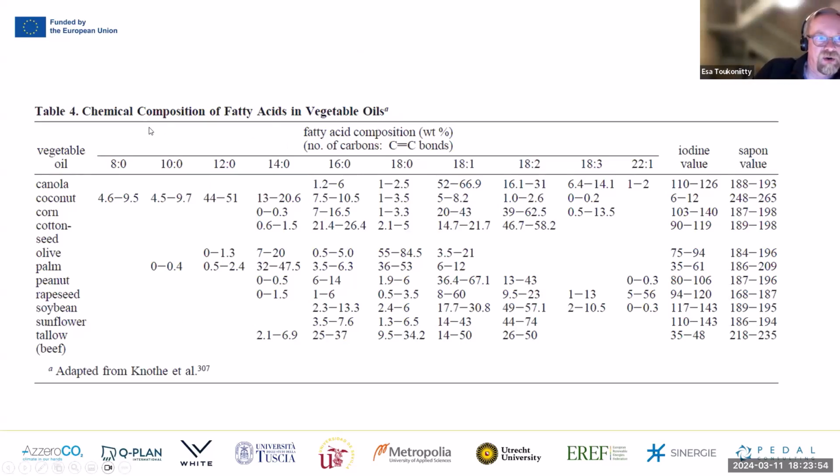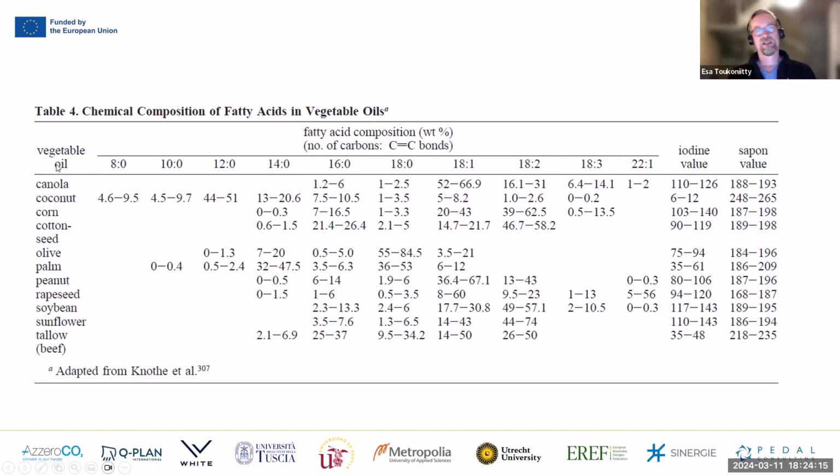And the table from our course book also describes the chemical composition of different vegetable oils, so the fatty acid composition. Just what the previous pie chart also represented.